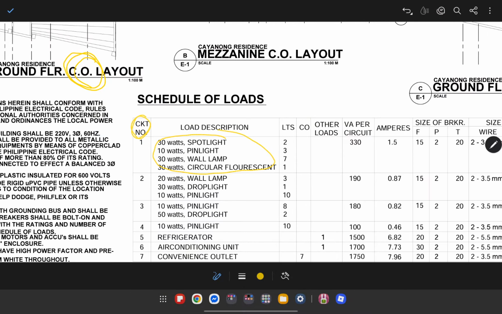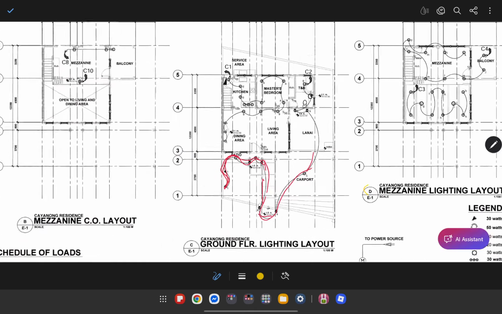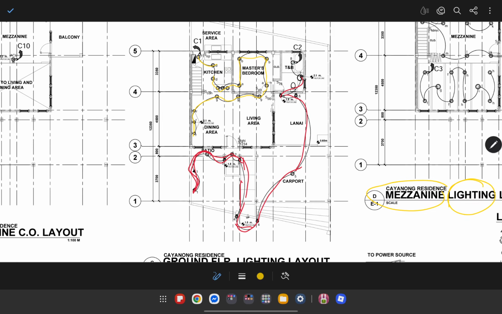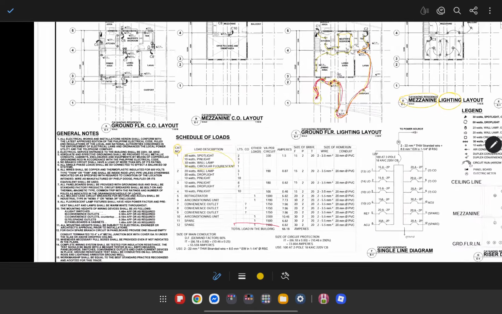Next would be circuit number 2, you'll have to check all the lights belonging, or the fixtures. In this case, it's all lighting because after all, this is the lighting layout. So you'll see here all these lights. You have to count them manually, to know how many lights belong to this circuit.